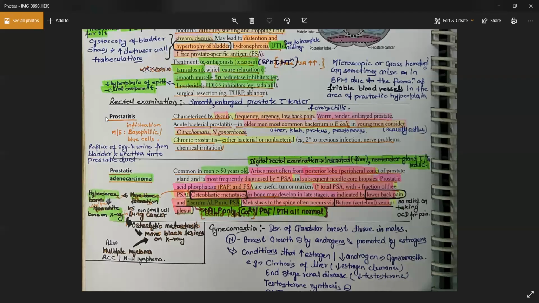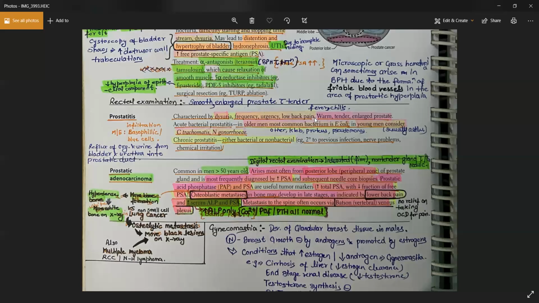In young adults, it is caused by chlamydia and gonorrhea because of an STD. In case of older patients, it is caused by a blockage like BPH, or a UTI, and that will be seen with E. coli. The patient will be having dysuria, which is very painful micturition, again a symptom of urethritis. Frequency, urgency will be there.